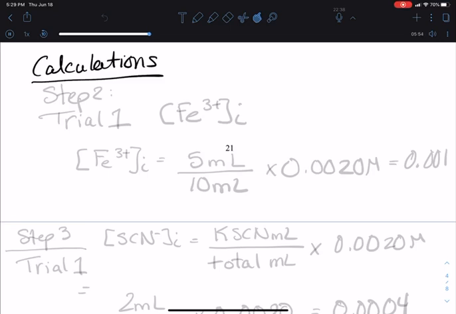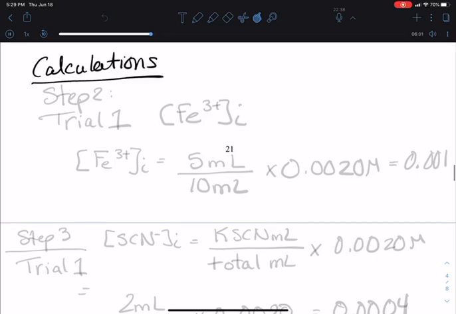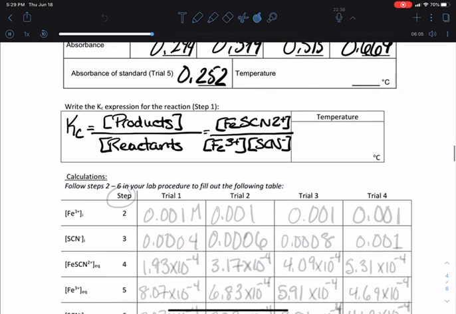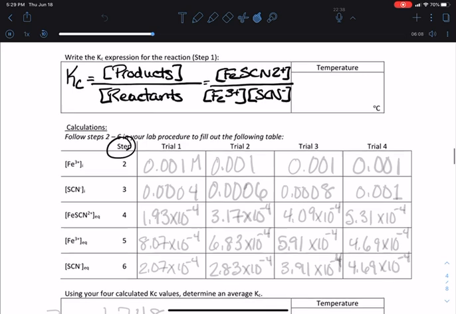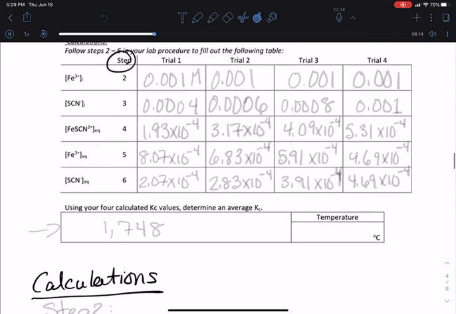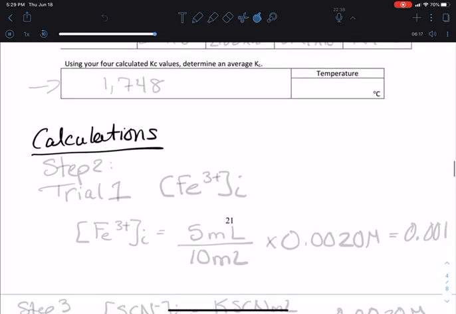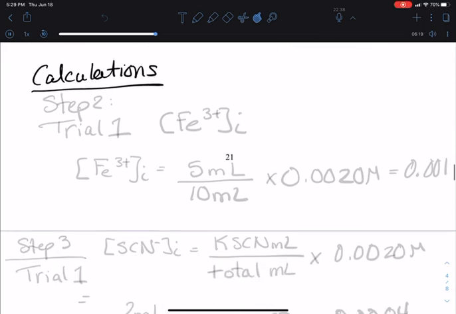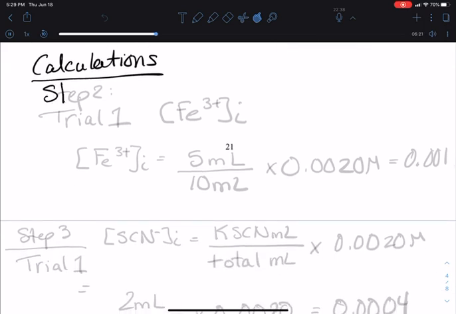So we put our calculations down here. So if you can see right here, they have the steps listed. So I'm going to number them as the steps are numbered. So step 2, trial 1.